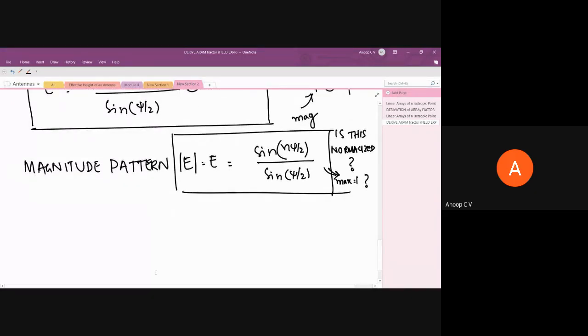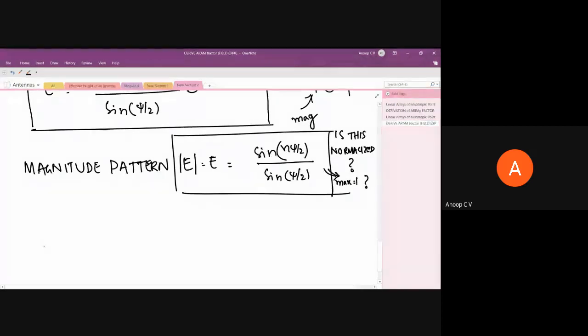Normally we are not much interested in phase pattern, right? Why? Because depending upon the point which we are taking as phase reference, the phase pattern will change, right? It's up to our convenience, right? But even then, phase pattern, angle of E, we'll write it as zeta.